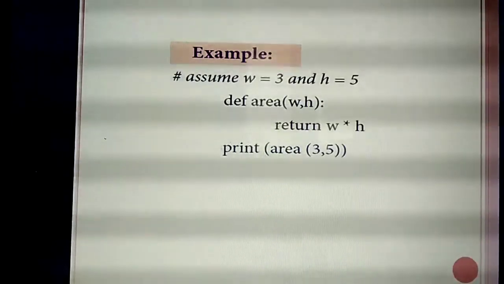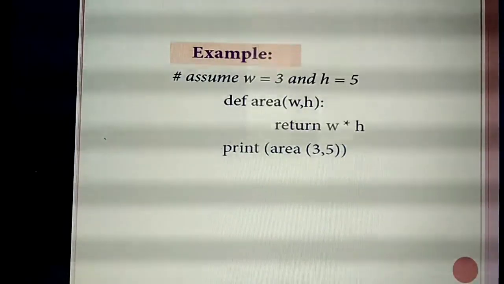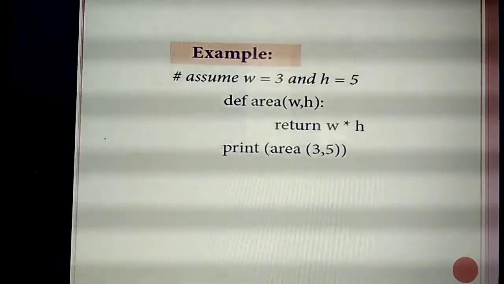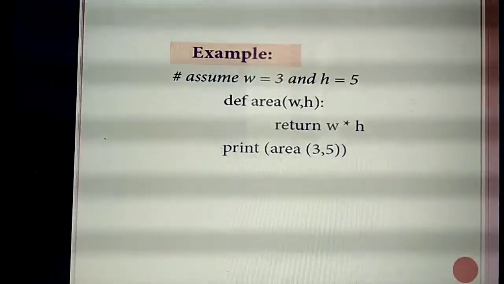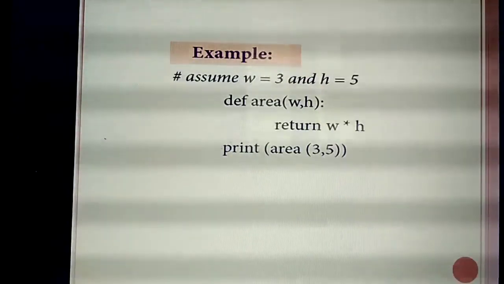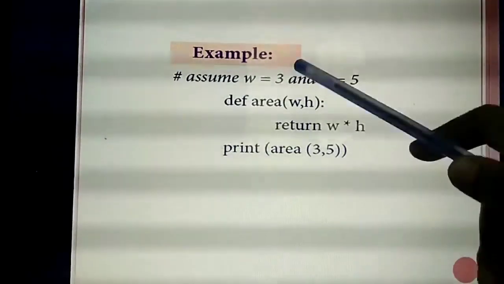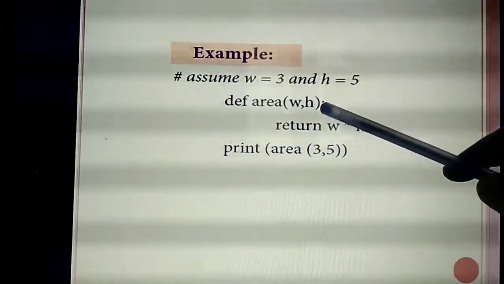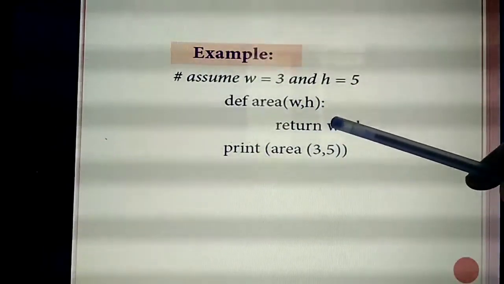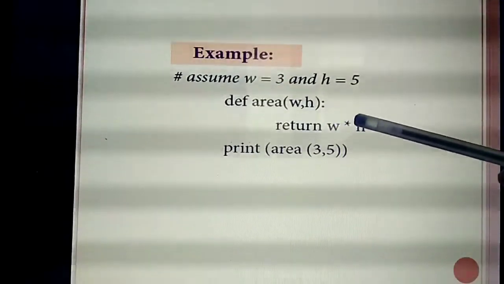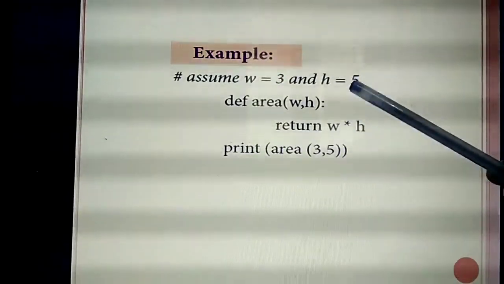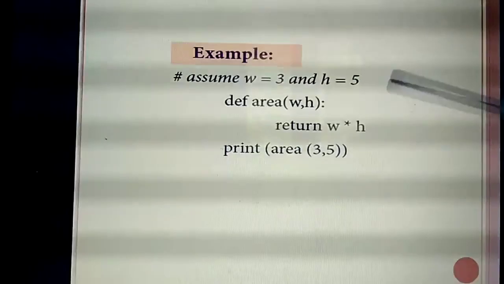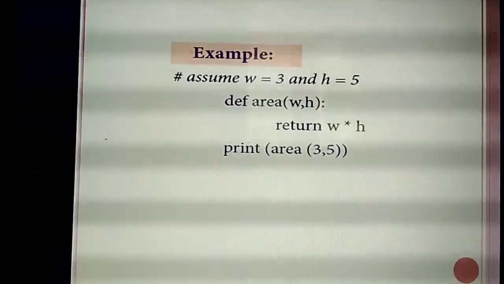Then the second point you study: the function call should match exactly the function definition. What does that mean? Listen. Here you are giving two values, isn't it? W as well as H. You are calculating the area using the formula W into H. So I am telling, here W and H, two variables you need to calculate the area.